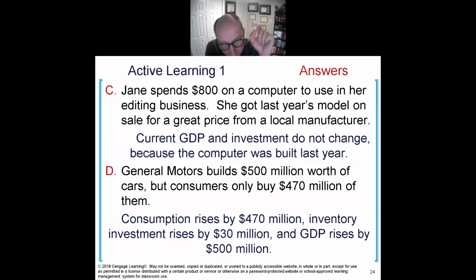General Motors. 500 million worth of cars, but only 470 sold. Consumption, 470. Inventory investment, 30 million. That's the difference. So that's a two-parter. And gross domestic product technically rose by the whole 500 million.